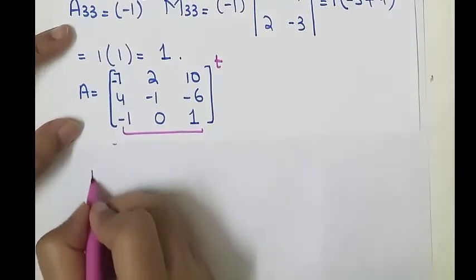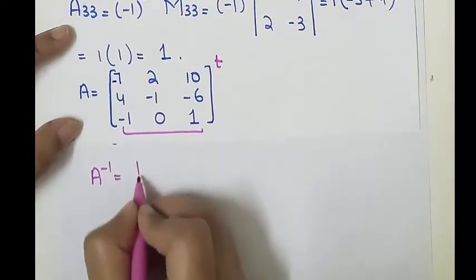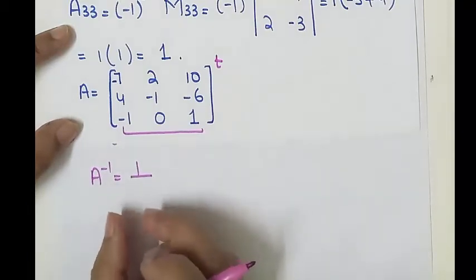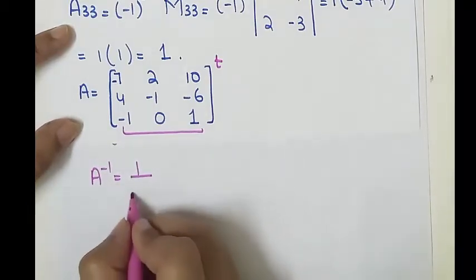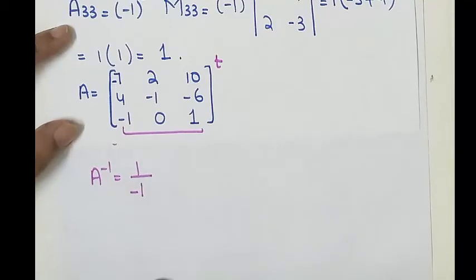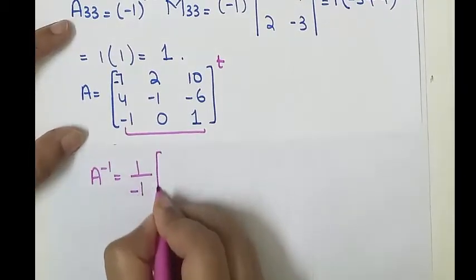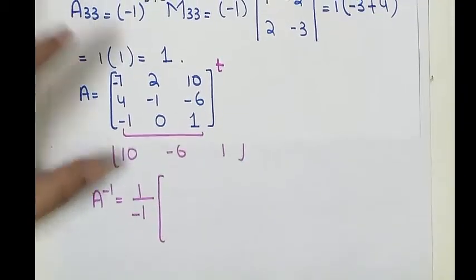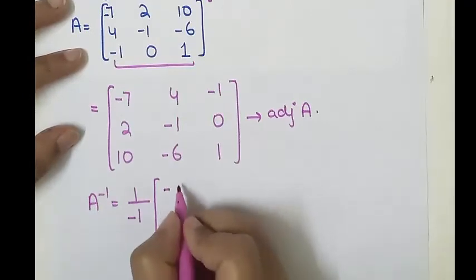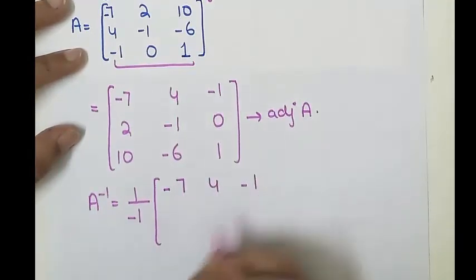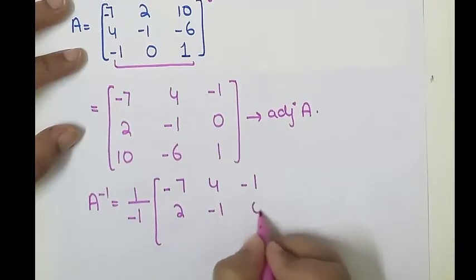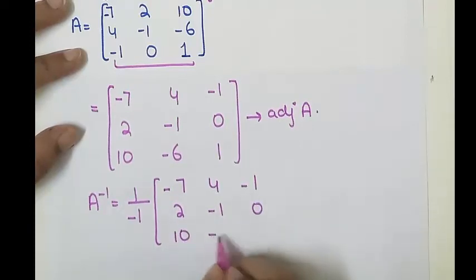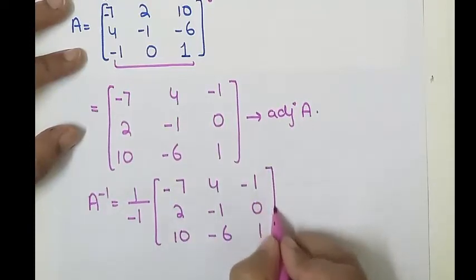We have the formula A inverse equals 1 over the determinant of A times the adjoint of A. The value of the determinant of A is -1, and the adjoint of A is -7, 4, -1, 2, -1, 0, 10, -6, and 1.